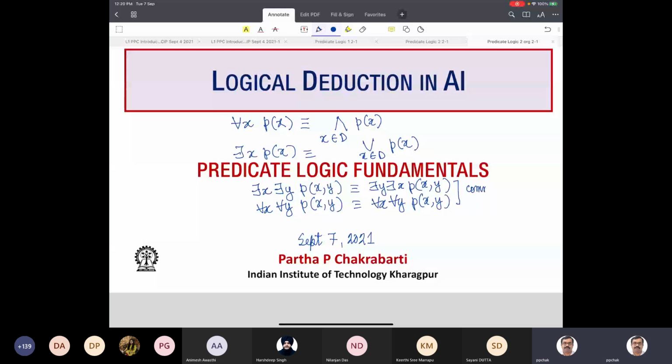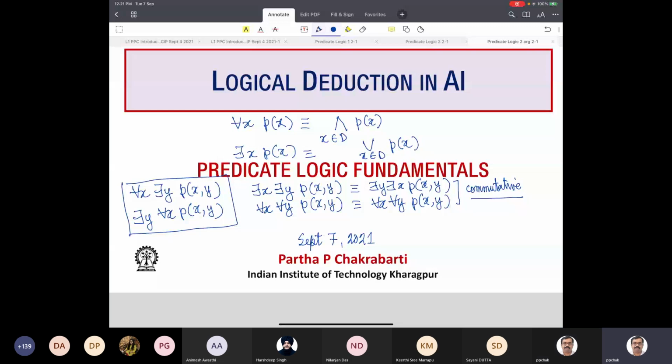But if you write for all x, there exists y, pxy, it is not the same as there exists y, for all x, pxy, because and and or don't commute. They distribute. So it comes just from that formula.